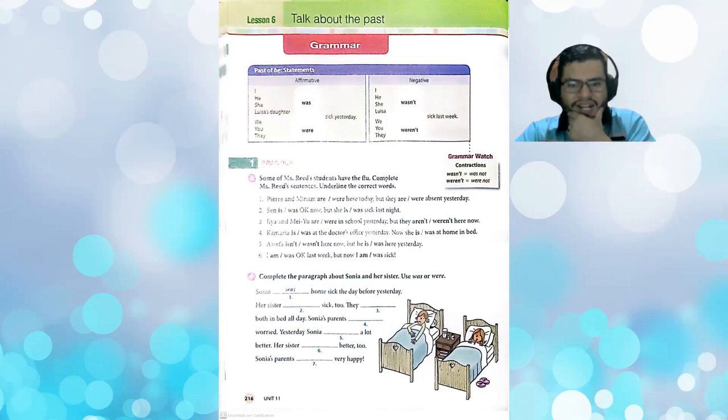Sonia's parents, is plural, were, because we're talking about they, were worried. Yesterday, Sonia was a lot better. Her sister, listen to me, her sister was better too. Sonia's parents, were or was, is were because we are using they. Sonia's parents were very happy.